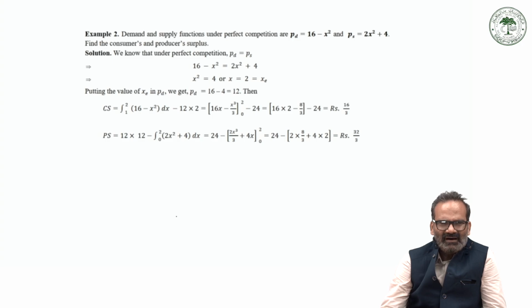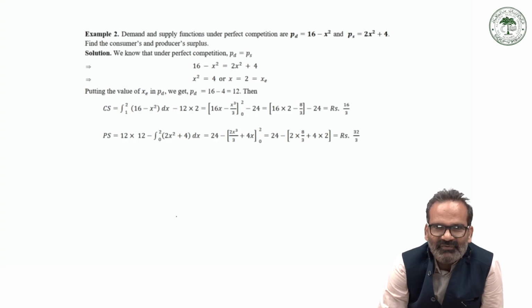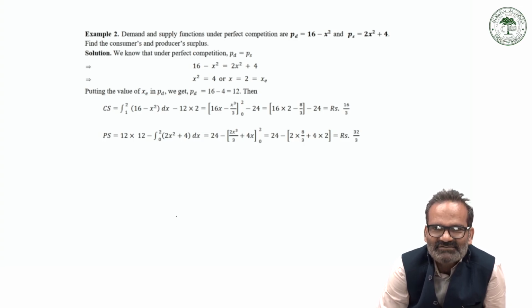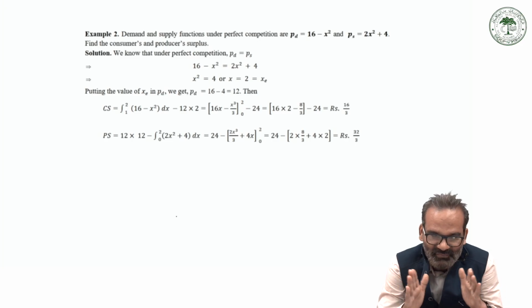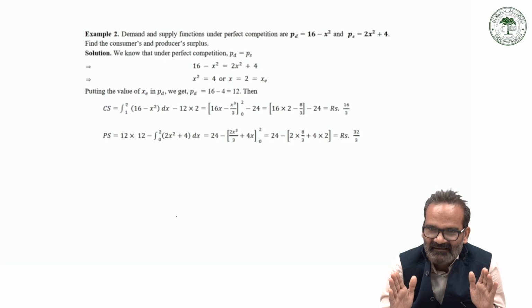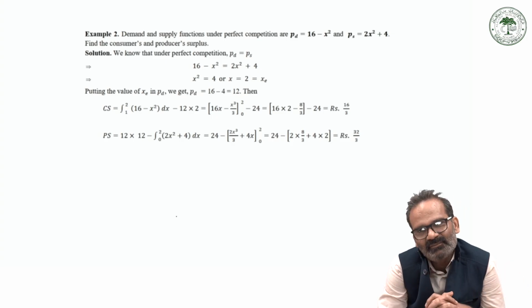Example 2 on demand and supply: the demand and supply functions under perfect competition are PD is equal to 16 minus x square and PS is equal to 2x square plus 4. Find the consumer and producer surplus both. Now we have discussed both the concepts in detail, the consumer surplus as well as the producer surplus.